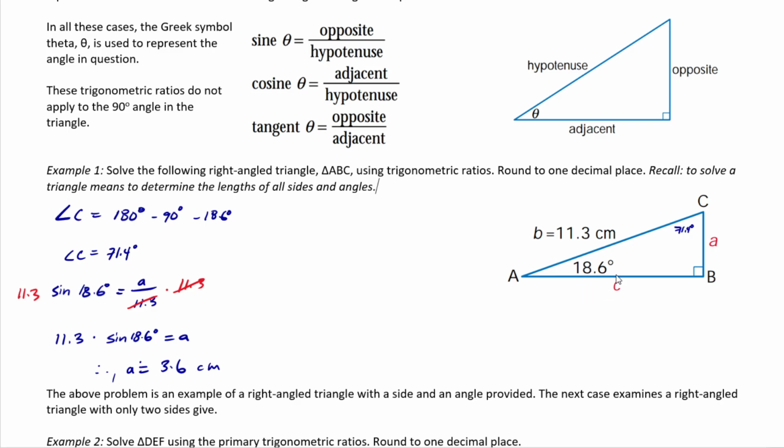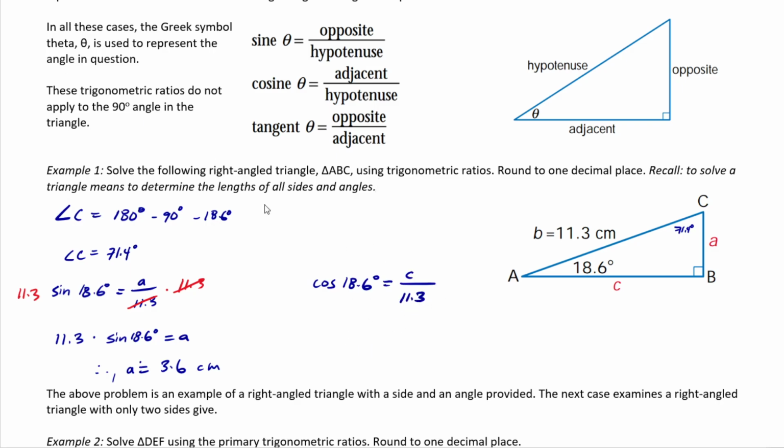If I wanted to find side C, C is adjacent to 18.6, so I'm going to use the cosine ratio here, adjacent over hypotenuse. Cosine 18.6 degrees is equal to C over 11.3.